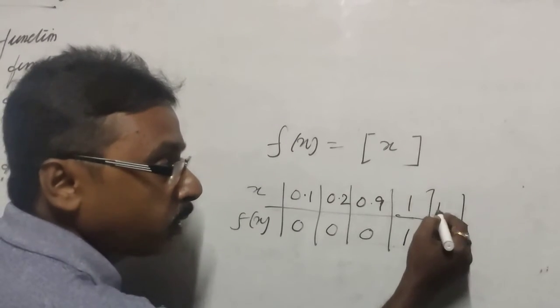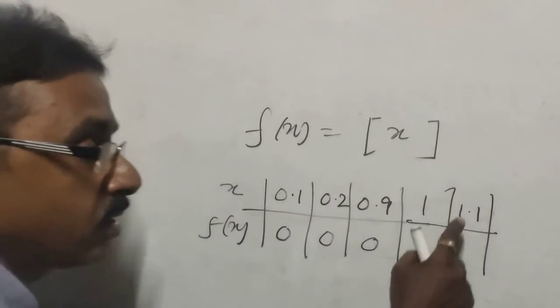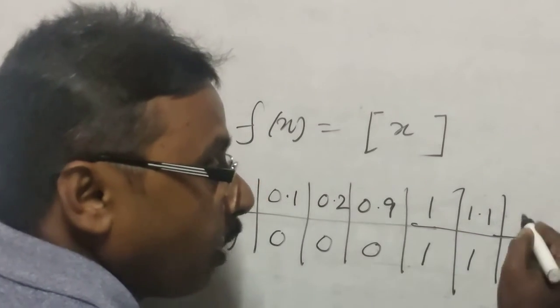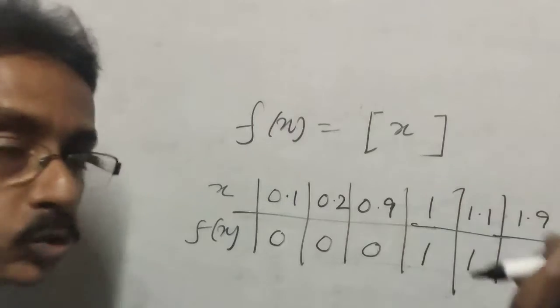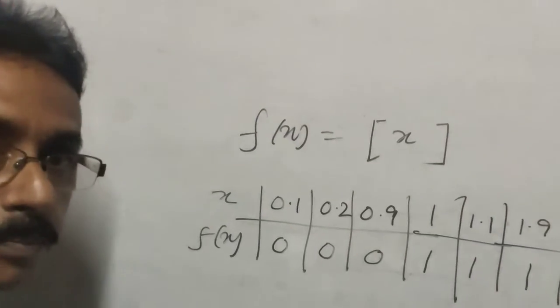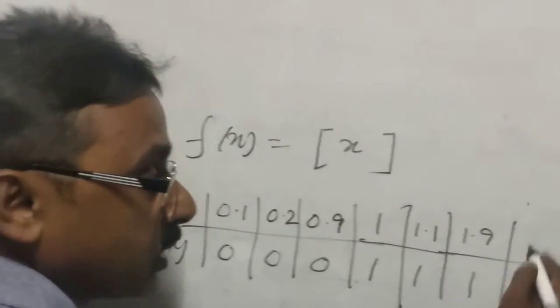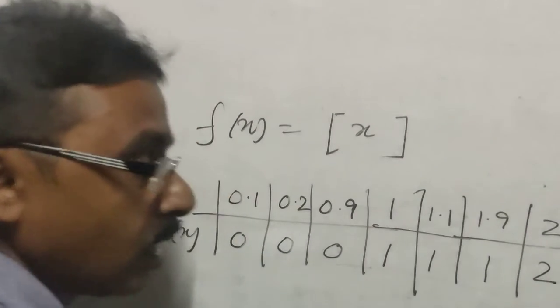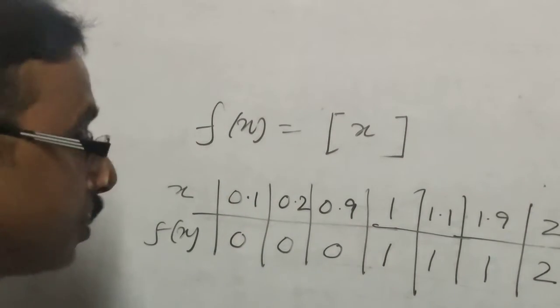If I take 1.1, the greatest integer less than or equal to this is 1. So till it is 1.9 or very close to 2, it is 1. But as soon as we are taking 2, the greatest integer less than or equal to 2 is 2 only. I hope all of you understood.